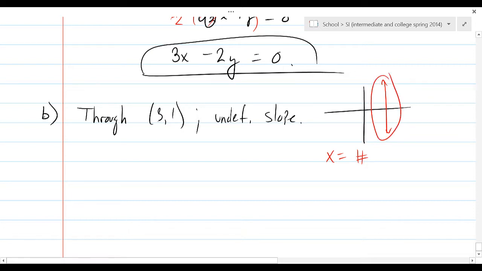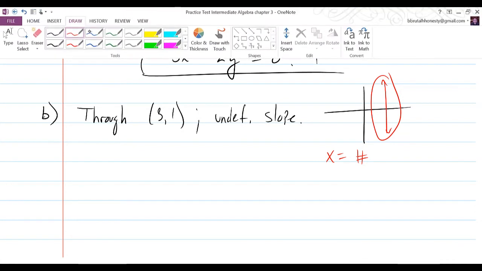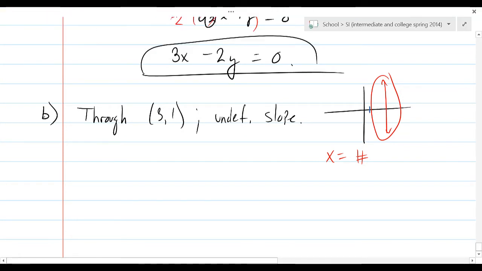So, if we know it goes through 3, 1, well, let's imagine this is 1, 2, 3, and then 3, 1 is right there. If it goes through right there, what is our x equal to? Well, the answer is x equals 3.